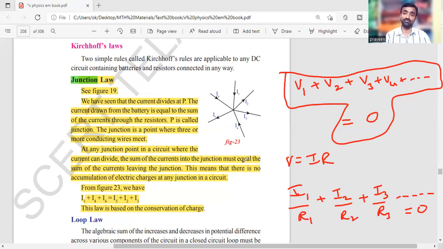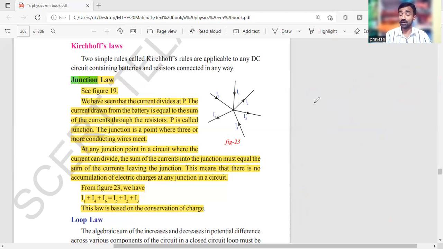So you are able to change that expression as you want by substituting proper relations. So this is the loop law. Within the loop, the sum of the voltages is equal to zero.